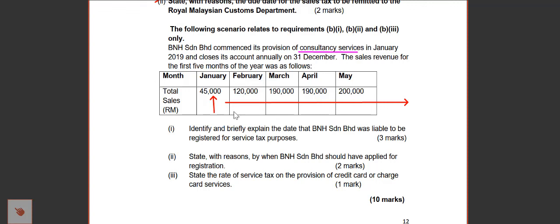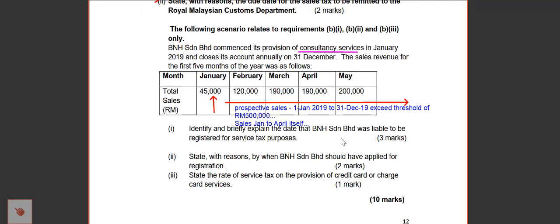So if that's the case, we can see that your prospective sales from 1st January to 31st December will exceed the threshold of 500,000. Now, how do you know it will exceed the threshold? That's because the sales from January to April itself has already exceeded 500,000. Okay? So in that case, January itself, you will be liable to register.